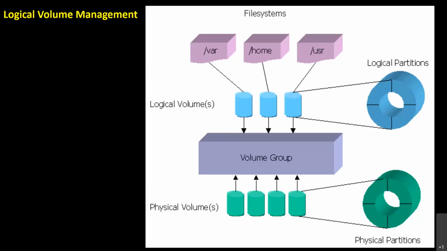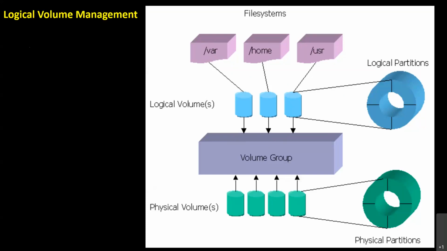Now we will come to logical volume management. The bottom one is a physical disk or a physical partition, and that physical partition we make into a physical volume. We can make two or three or whatever number of physical volumes, and make them into a volume group.